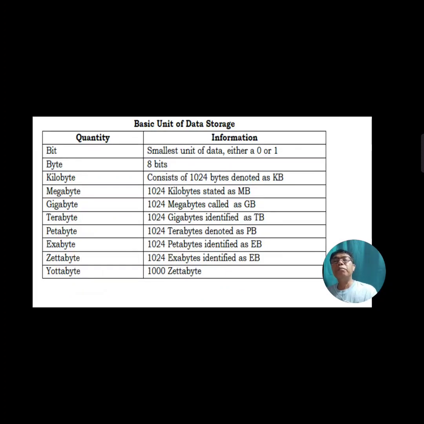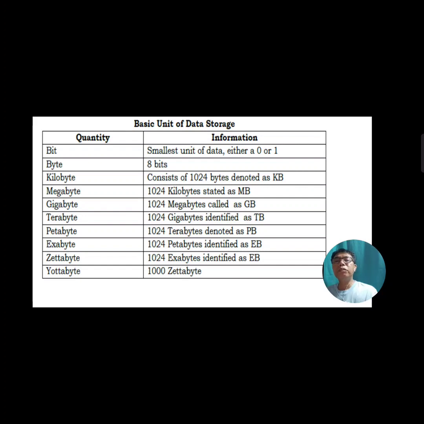Okay, we have here the basic units. A bit is the smallest unit of data, either 0 or 1. A byte is 8 bits. Kilobyte consists of 1024 bytes, denoted as KB. Megabyte, 1024 kilobytes, stated as MB.